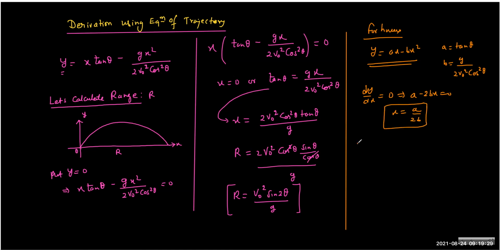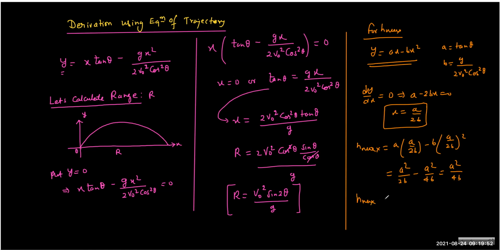So the y max, or you can say h max, is a multiplied by a by 2b minus b into a by 2b whole square. That is a square by 2b minus a square by 4b, which turns out to be a square by 4b. That's the answer.